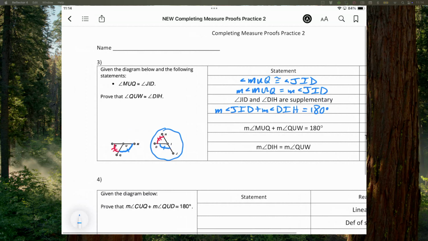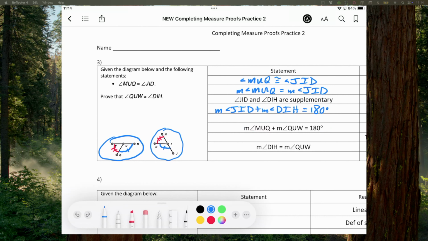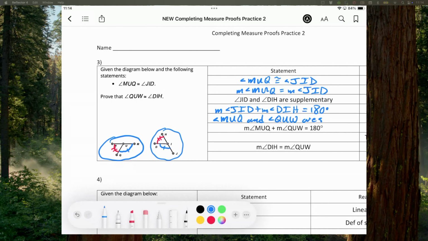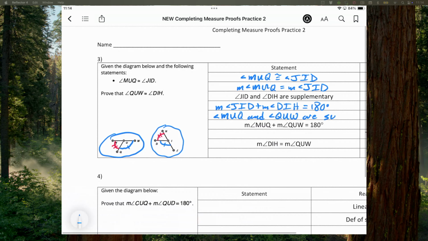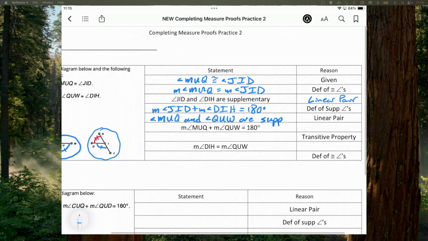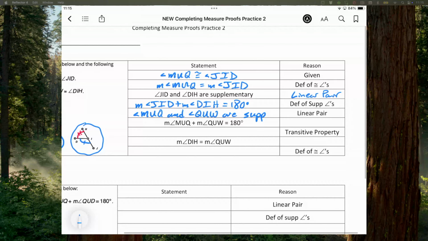Then we're going to look at our other linear pair, and we're going to try to name these angles the same way that they are named down here. So, angle MUQ and angle QUW are supplementary because they form a linear pair. They're 180 degrees because of definition of supplementary.